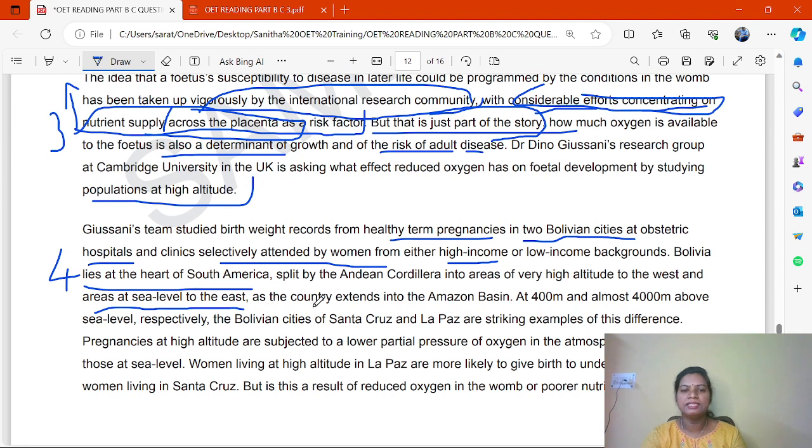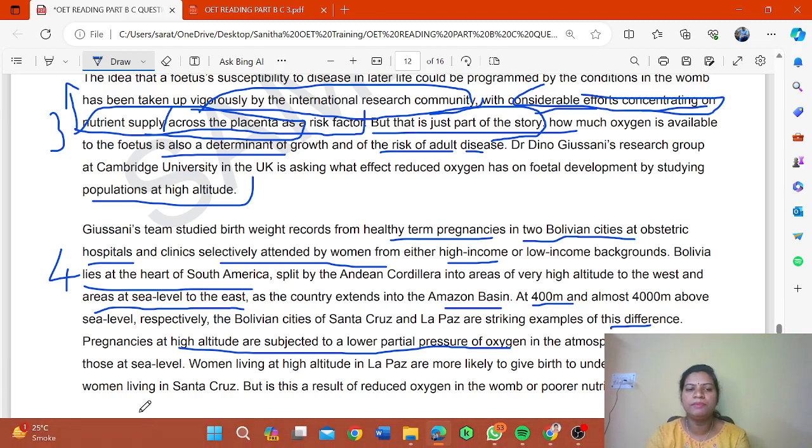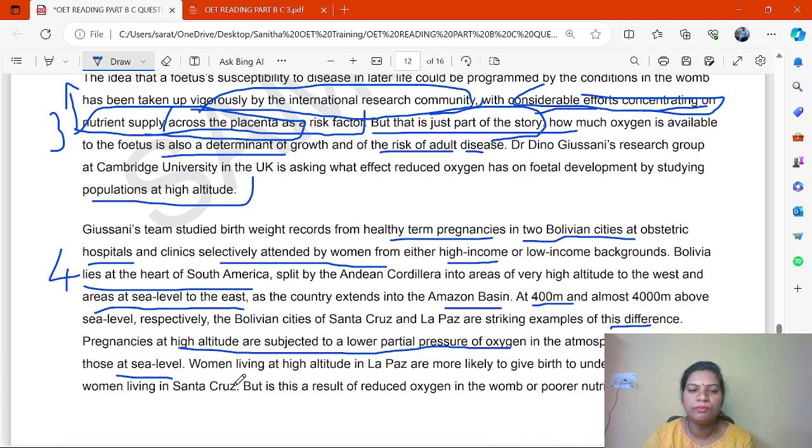Santa Cruz and La Paz are striking examples of these differences. Pregnancies at high altitude are subjected to a lower partial pressure of oxygen compared with those at sea level. Women in La Paz are more likely to give birth to underweight babies than women in Santa Cruz. But is this a result of reduced oxygen in the womb or poor nutrition status?